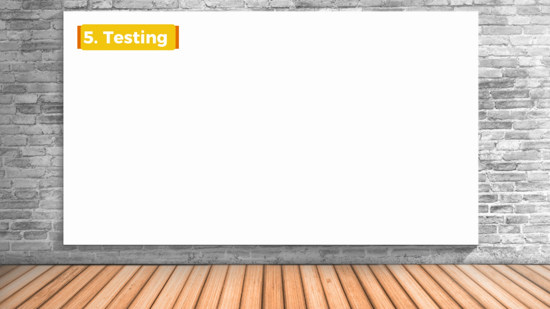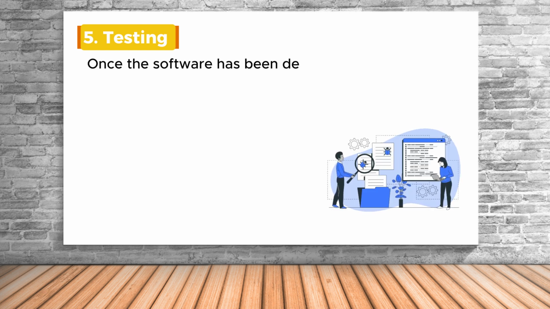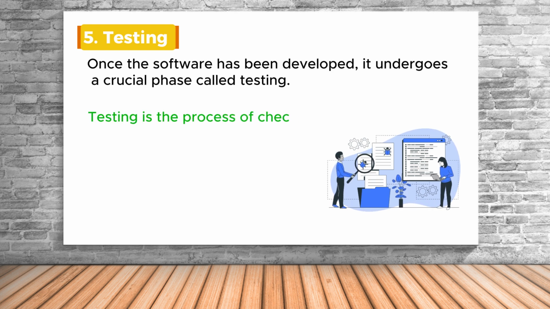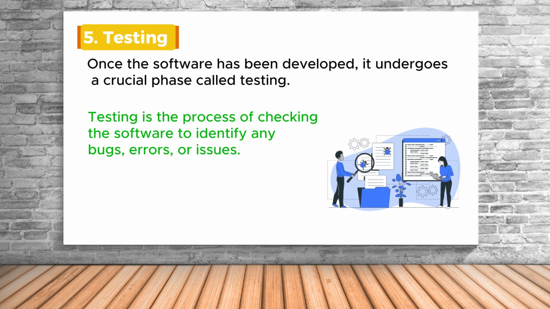Fifth, testing. Once the software has been developed, it undergoes a crucial phase called testing. Testing is the process of checking the software to identify any bugs, errors, or issues. Types of testing.